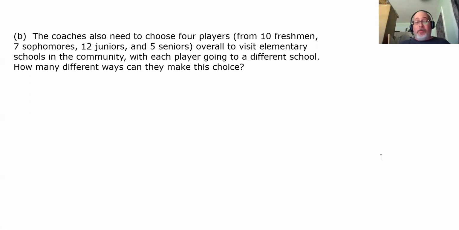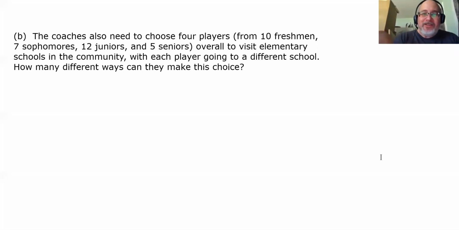So this will be a permutation. But the other thing about this problem that's kind of subtle but important is the distinction between classifications of students is irrelevant now. We're going to pick 4 players, and we don't care if you're freshman, sophomore, junior, or senior. So we're not looking at this as 10 freshmen, 7 sophomores, 12 juniors, and 5 seniors.